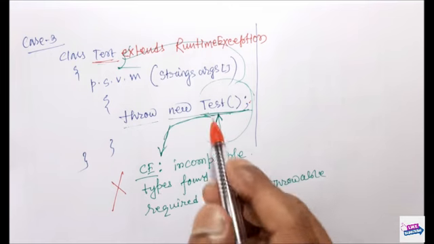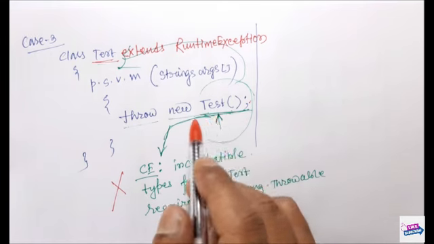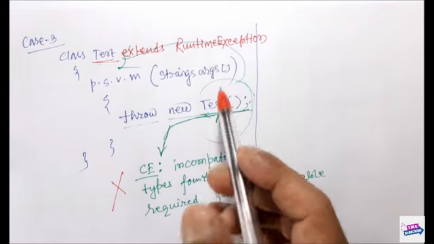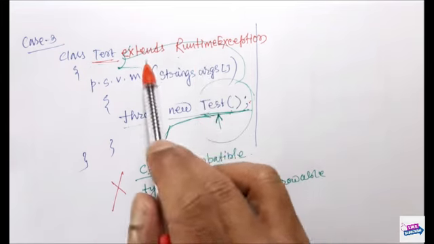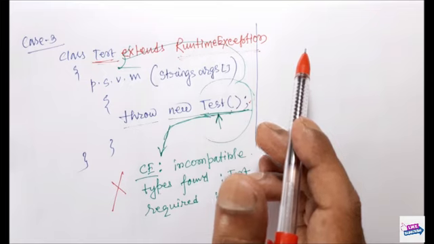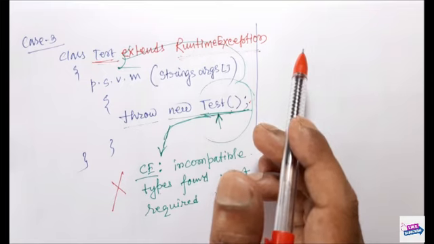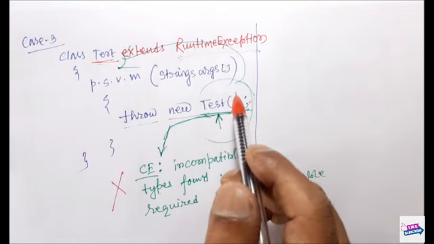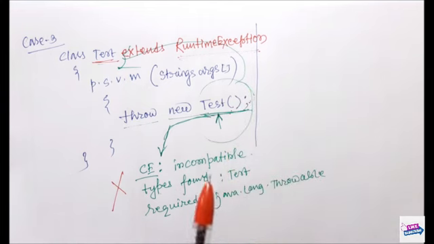Why? Because this exception arises and cannot be handled anywhere, because this class belongs to RuntimeException, which is an unchecked exception. So it will show an exception at runtime, but not at compile time. So we can use the throw keyword only for throwable types.